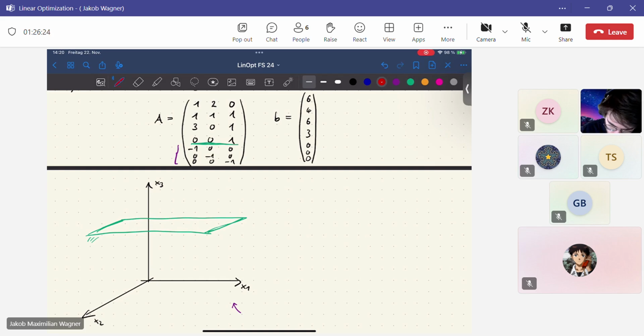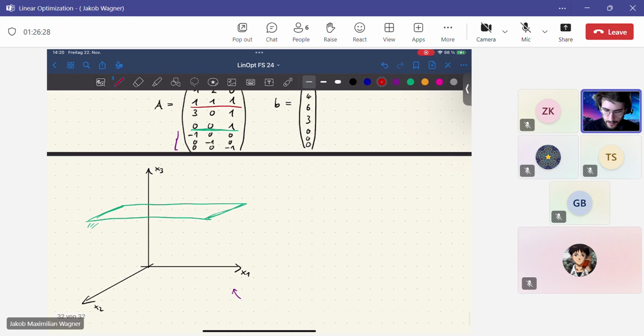Then we take this 1, 1, 1 condition. There we know that this normal vector just points directly at our face if we draw it like this. And so we get that if the axis goes through the point here, then we know that this is on this hyperplane.